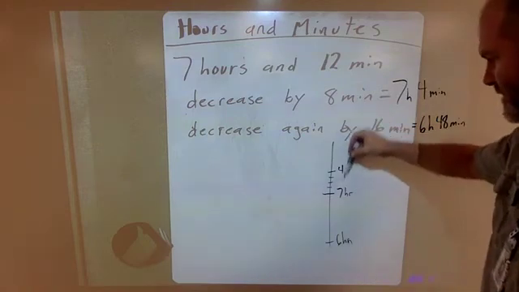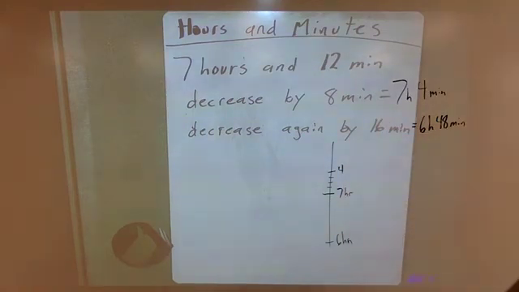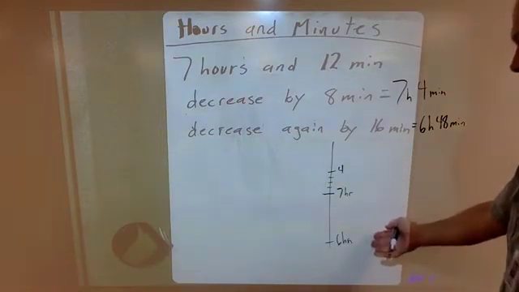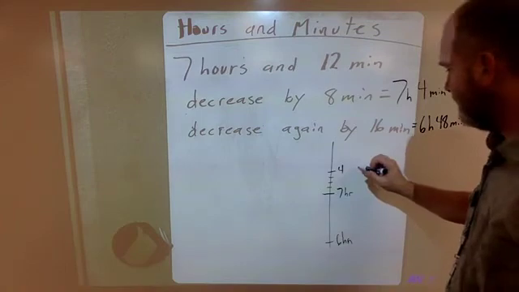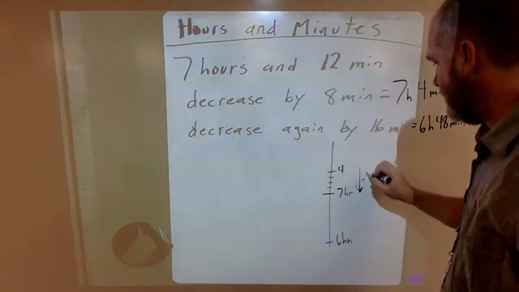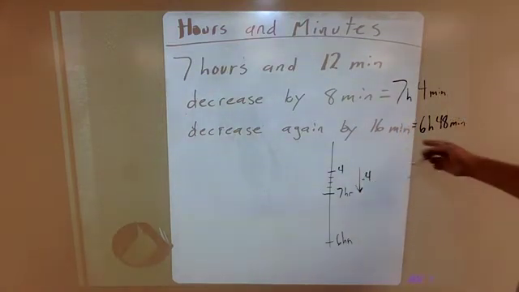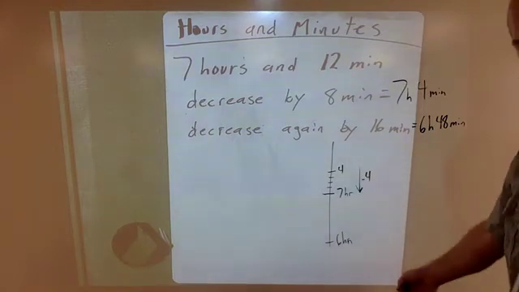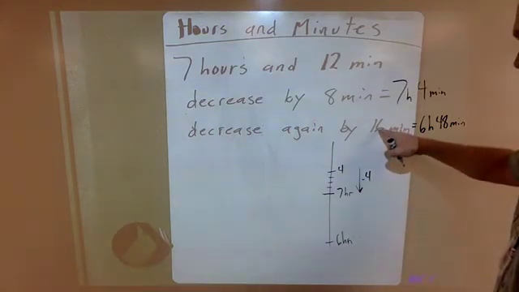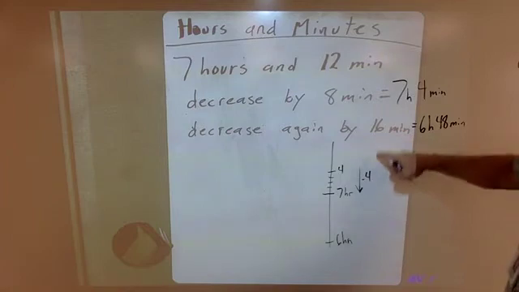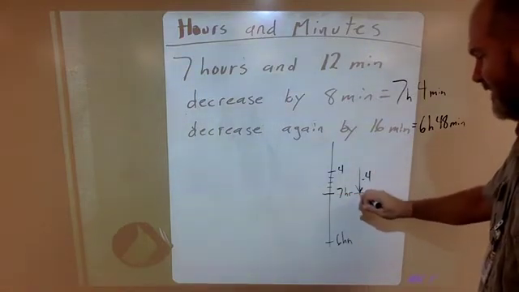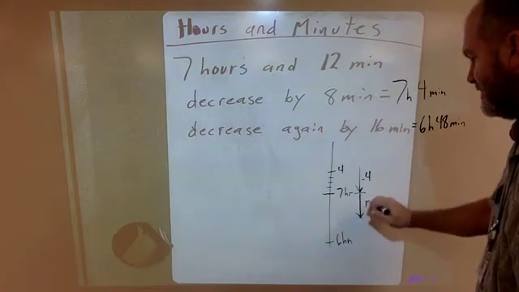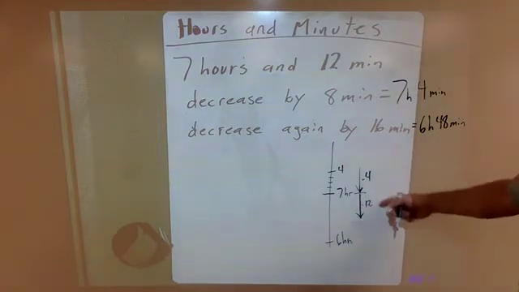So we're going to be somewhere down in the 6 hour and some minute range because we're going below 7 hours. We're taking 16 minutes off and we only have 4 minutes to go to get down to 7. So you take off the first 4, and how many more do we still have to go? 12 more. Because we've got to take off 16 total. We've only taken off 4 so far to get us to 7 hours. Now we've got to go another 12 minutes down. And that's our 16 minutes total.